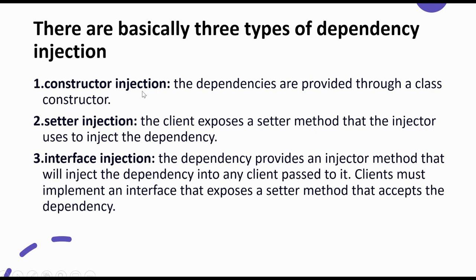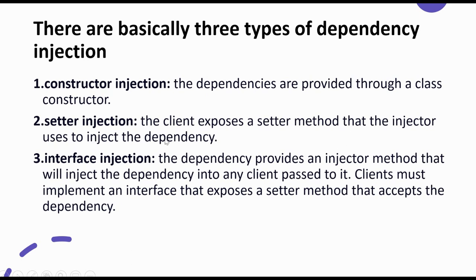Constructor injection is where the dependencies are provided through a class constructor. In this concept, the system or the framework provides the dependency by using the constructor. In setter injection, the client exposes a setter method that the injector uses to inject the dependency.